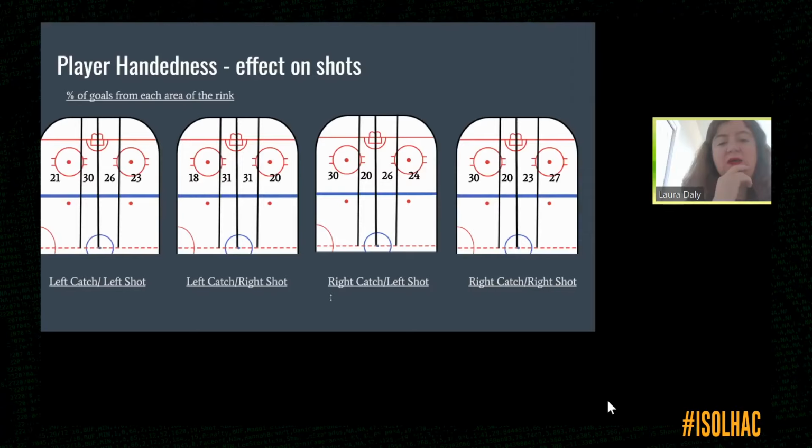And for right catch goalies, the left shot and right shot were actually distributed pretty 50-50. In fact, exactly 50-50. So in terms of goals, however, we see more goals from left shot players on the right hand side of the rink.